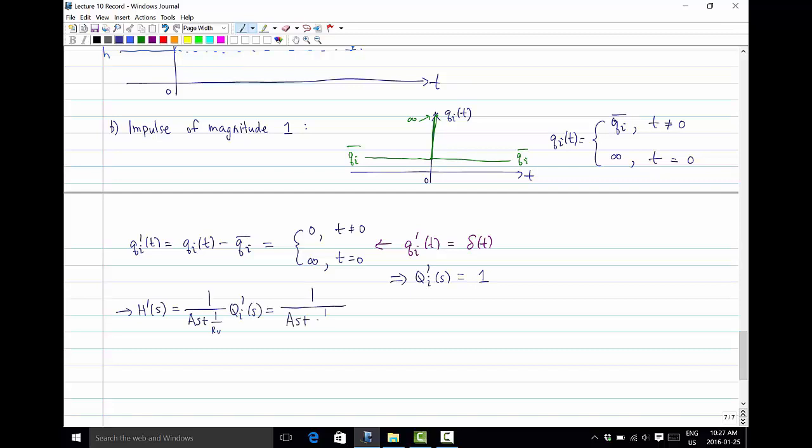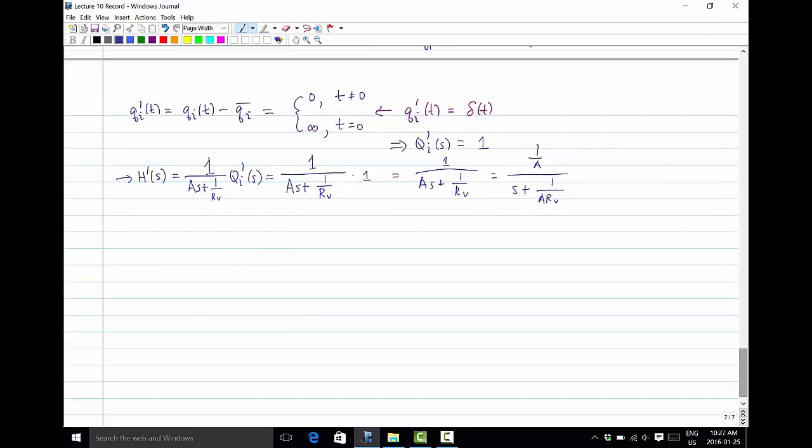With this, we can quickly take the Laplace transform of qi and find that the Laplace transform is simply 1. Substituting this back into the transfer function between h and q, we come up with a first-order fraction for h. The inverse Laplace transform of h deviation of s is simply h deviation in the time domain, and this is simply equal to an exponential function.